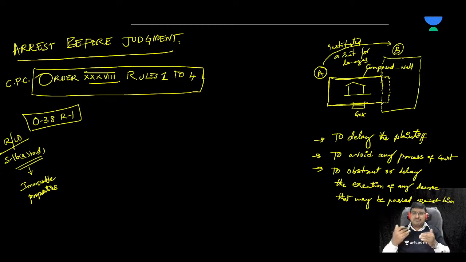Now, in spite of getting knowledge regarding institution of a suit before a civil court, he is evading, he is avoiding, he is intentionally evading the due process of law. He is not taking the summons, he is not taking the notices from the honorable court.